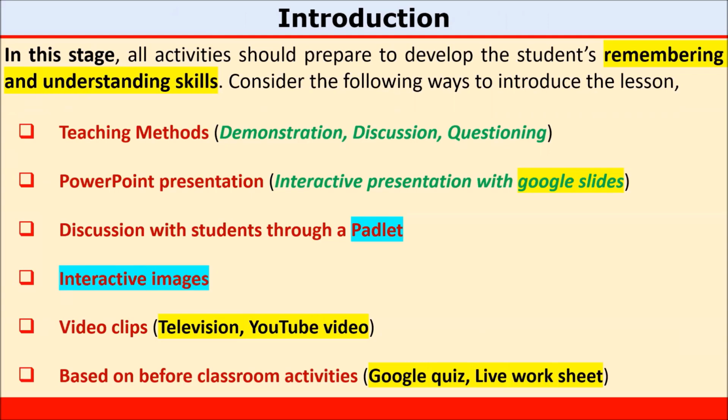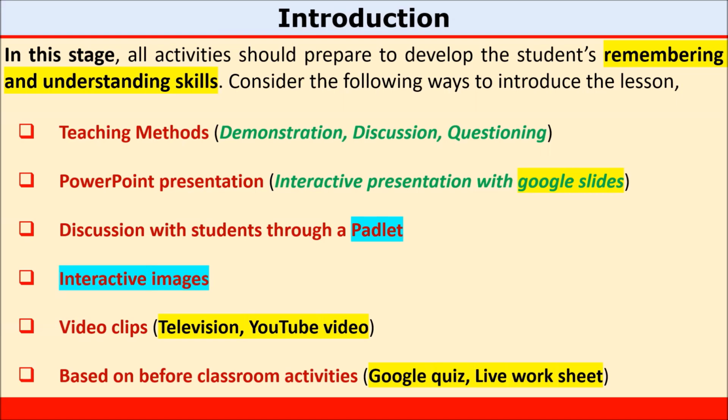When you start the lesson, here are some factors to consider. First, select the teaching method. Think about what teaching method you are going to use. That's important. Demonstration, discussion, or questioning are some examples. There are more teaching methods available. Demonstration normally means showing something and, based on that content, starting the lesson.